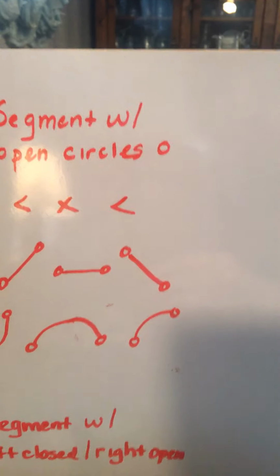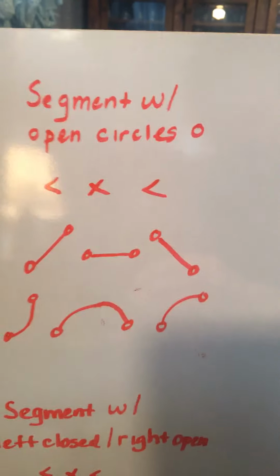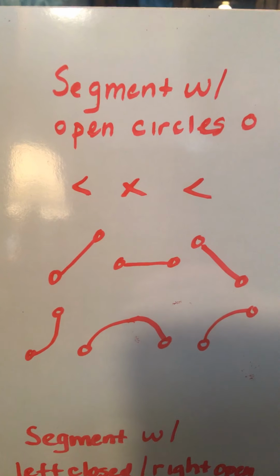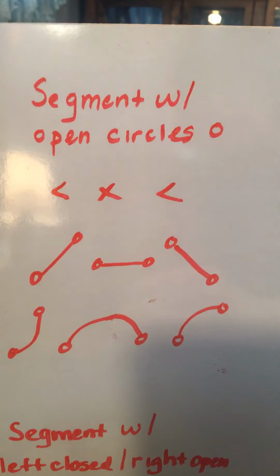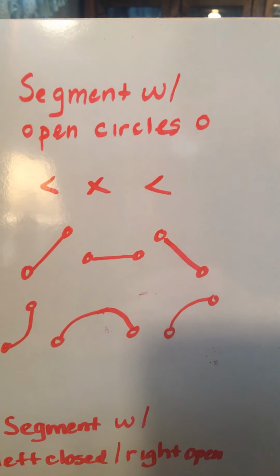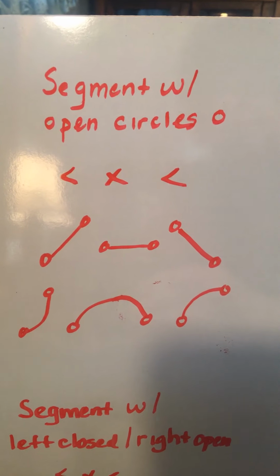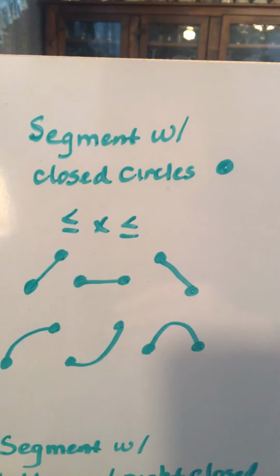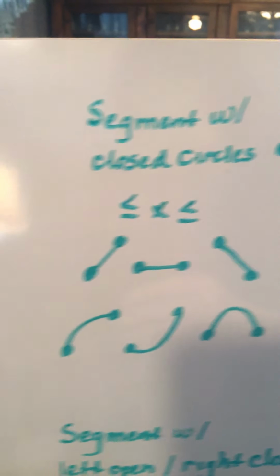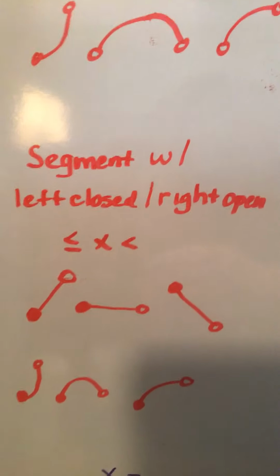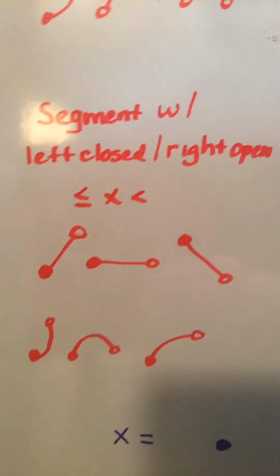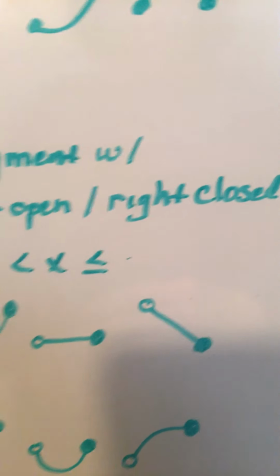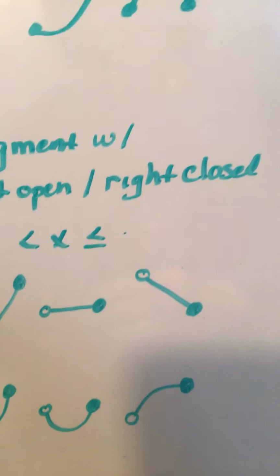And this just says that you have a segment. You can have parabolic segments, square root segments, oblique line segments, horizontal segments, semicircle segments, where both ends are open circles, both ends are closed circles. Down here it's closed, then open. Over here it's open, then closed.